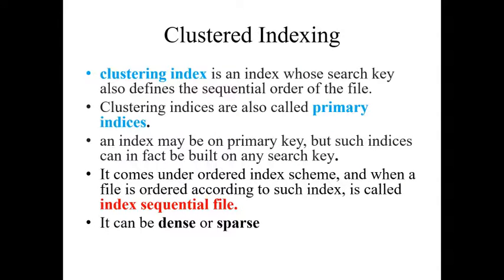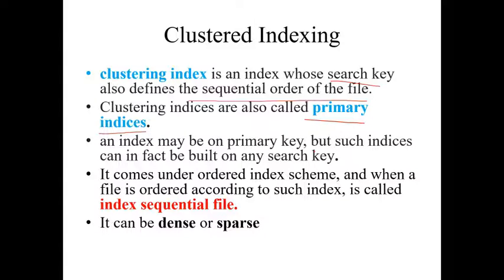In clustered indexing, we create an index whose search key values also define the sequential order of the file. So the search key values create the order of that file, and this file is sequential in nature. That is, every record follows the previous record, with no gap. Mainly we do it on the basis of primary keys, but it is not necessary to do so.